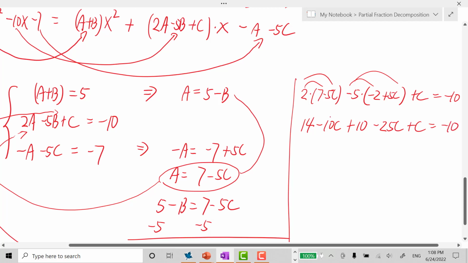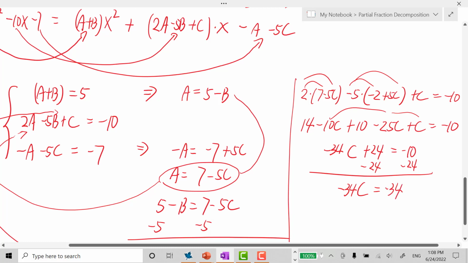Okay. So combine all these c terms. Right. So minus 10c minus 25c plus c, that is negative 34c. 14 plus 10, that's 24. That's equal to negative 10. Let's subtract 24 from both sides of the equation, we end up with negative 34c equal to negative 34.